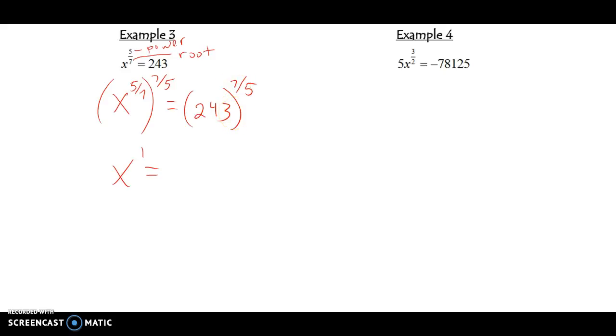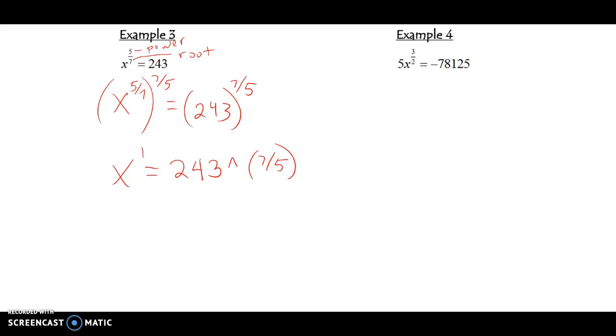Now you can do this on your calculator, but make sure you're very careful when you type this in. I have a caret button. Make sure you put that quantity of 7/5 in parentheses, or else you'll end up with raising 243 to the 7th power and then dividing it by 5.